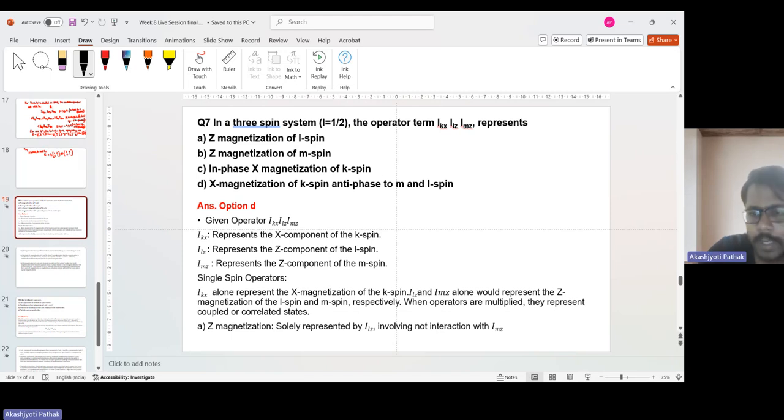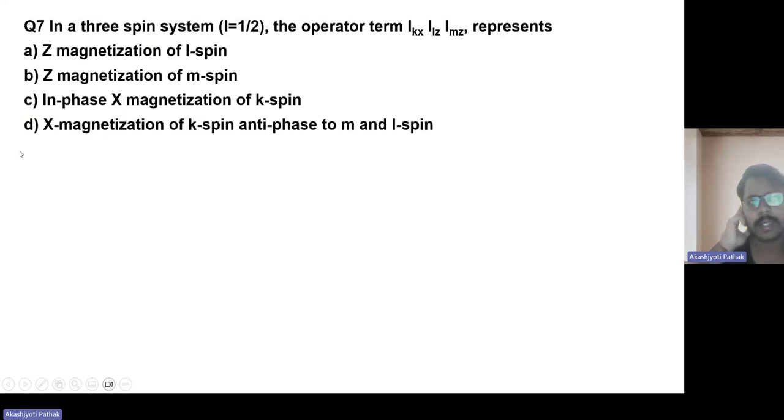Okay, so we'll try to solve this question. In the three-spin system, the operator term IKX, ILZ, IMZ represents what?